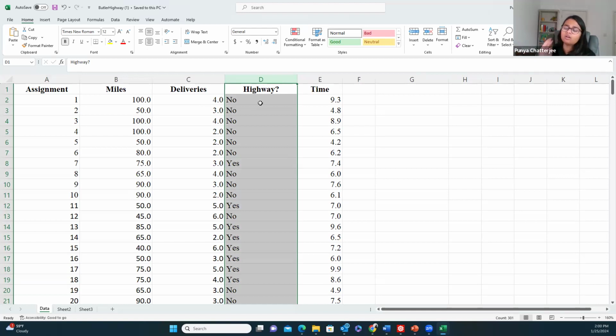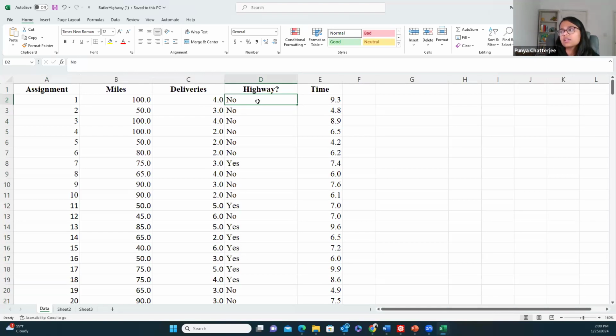You will see the data is basically yes, no. No means that during the assignment, the person will not go through that highway traffic during busy periods. And yes means that assignment will go through busy period highway traffic.